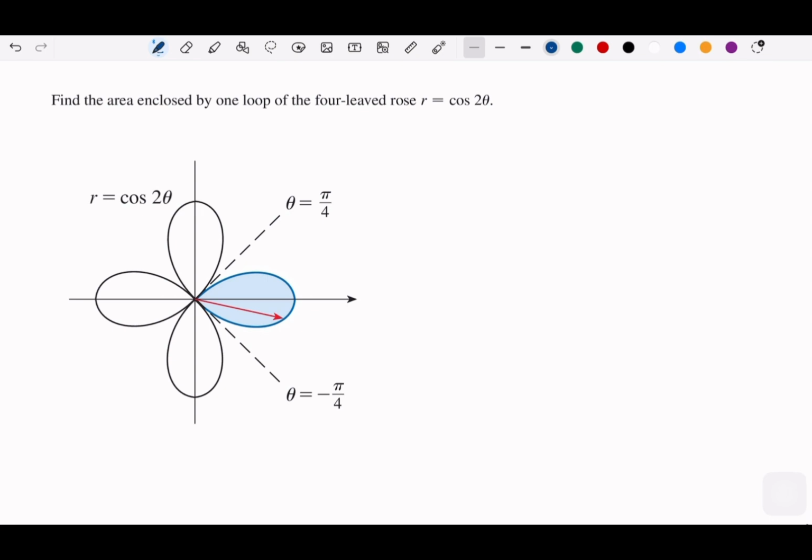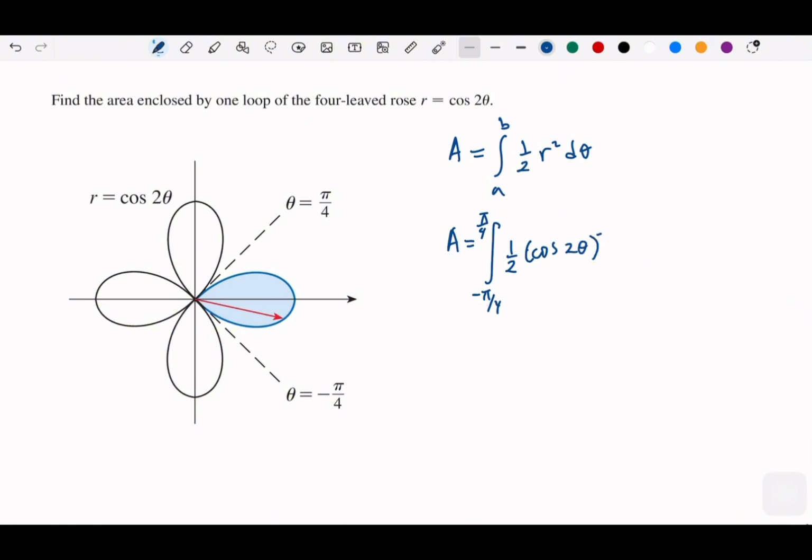So the area, let me just write what we have before, is the integration from a to b of half r squared d theta, right? r is cosine 2 theta, and then this will be half cosine 2 theta squared d theta.